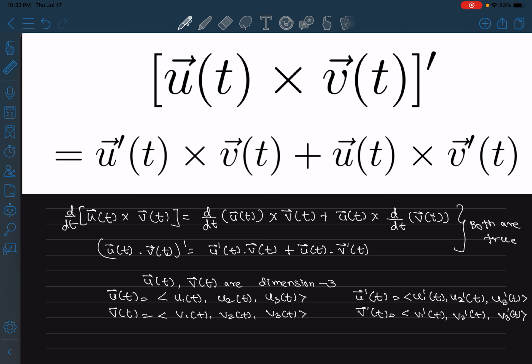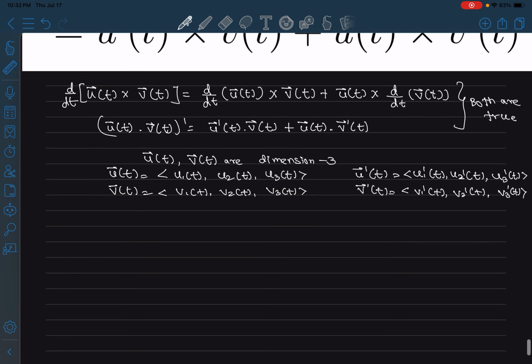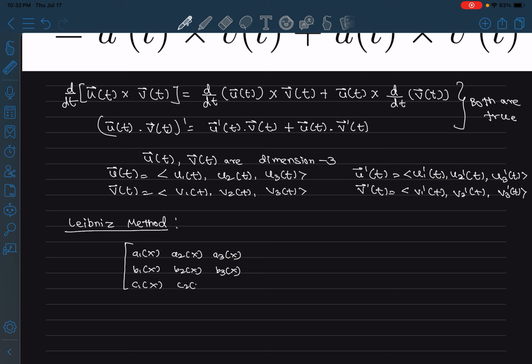But before we go into the proof, let me state what this Leibniz method of differentiating determinant is. It says that, let's say I want to differentiate this determinant, with rows a1 of x, a2 of x, a3 of x, b1 of x, b2 of x, b3 of x, c1 of x, c2 of x, c3 of x, with respect to x.